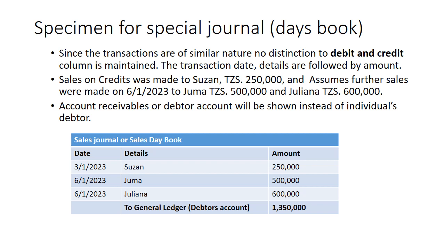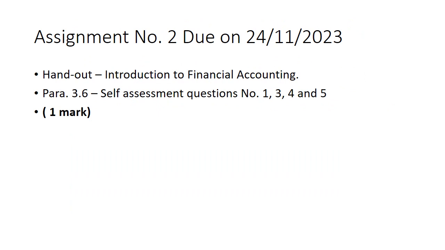So if you go to the trial balance, you will not see the names of individual debtors; instead you will see a debtors account or accounts receivable showing the total amount.